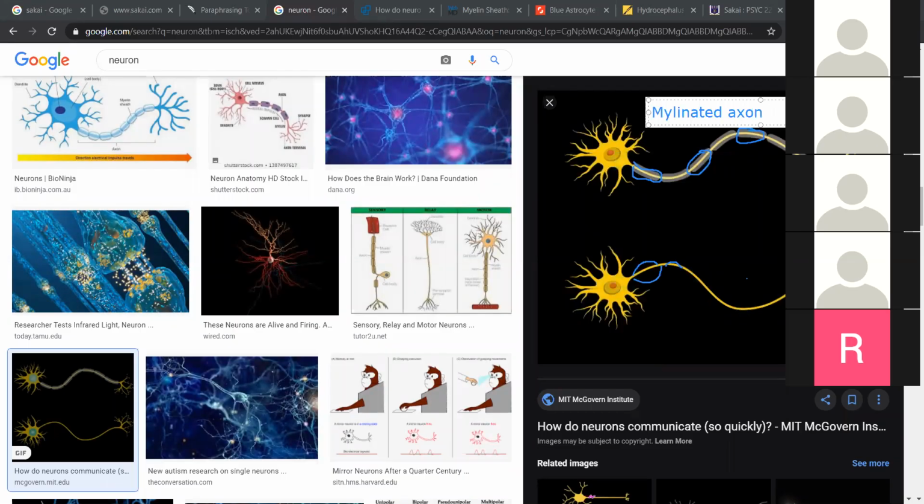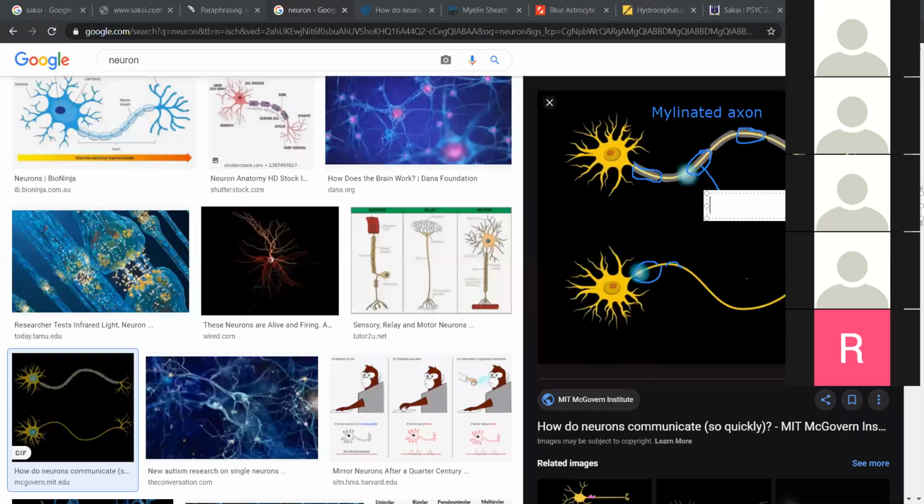Why? Because this structure is surrounded, and this structure we call the myelin sheath.